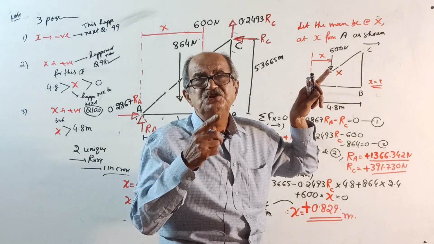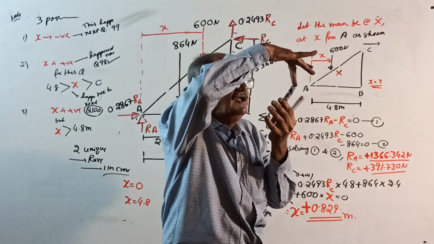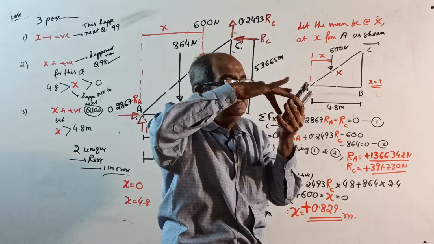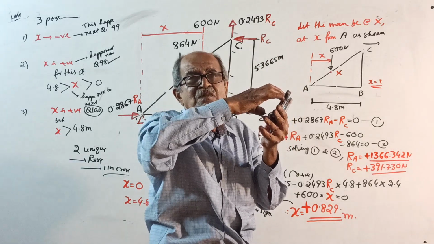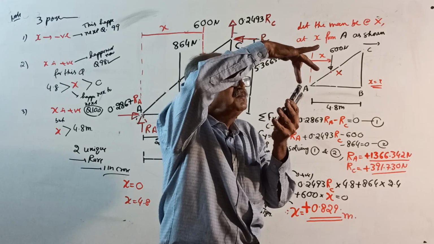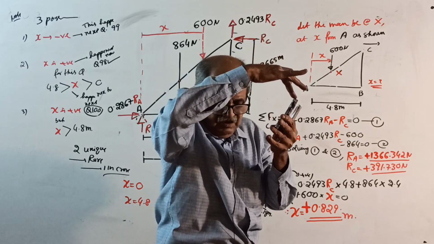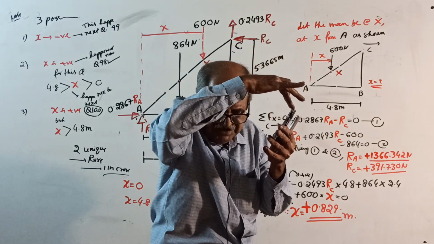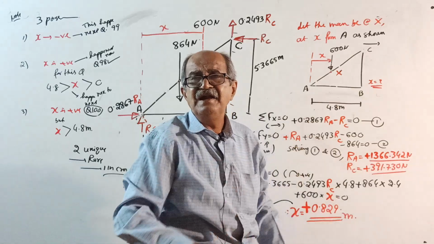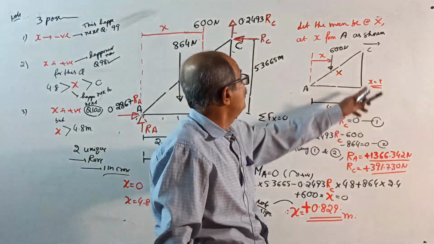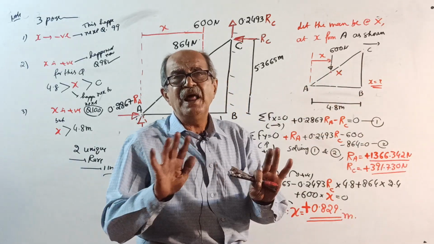It is on the verge of slipping. When he is standing at the top, he can feel the shake. In the beginning, nothing he can feel. As he goes up and up, his tension is more and more. When he reaches the topmost point, he will say something is wrong, the ladder is shaking. He can jump that side and survive. Therefore, that's a unique case. It will never happen.